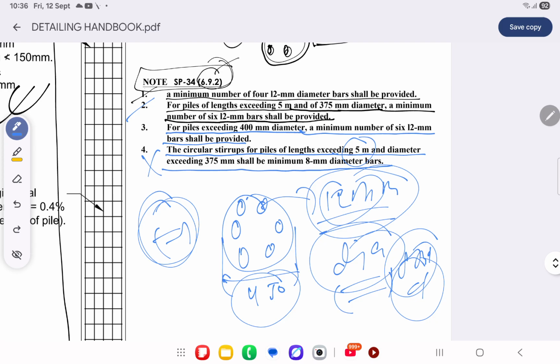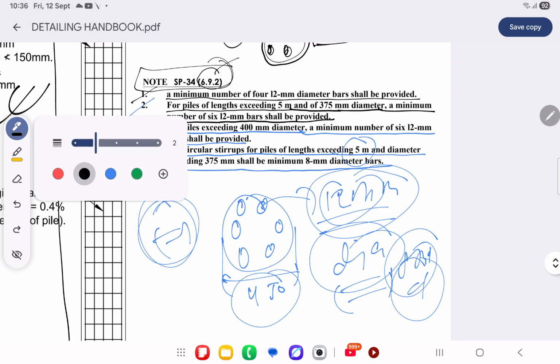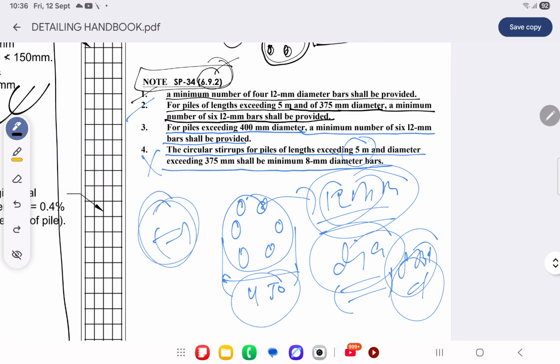You don't need to follow the older rule, because nowadays we are not going to provide 6 mm links and all.